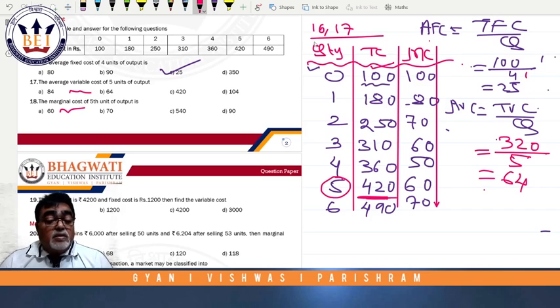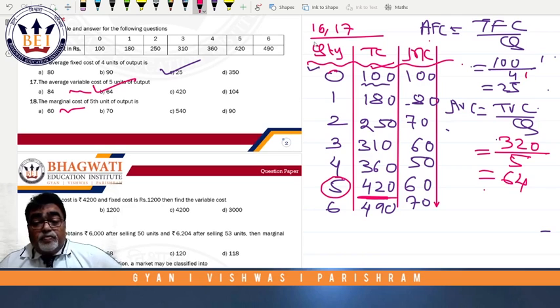So here 320 by 5, 64. Where is the 64? Here, B. I repeat once more, for those who have a problem. When quantity is 0, the amount of TFC should be positive, beta. So when total cost is positive at zero quantity, it is nothing but TFC.